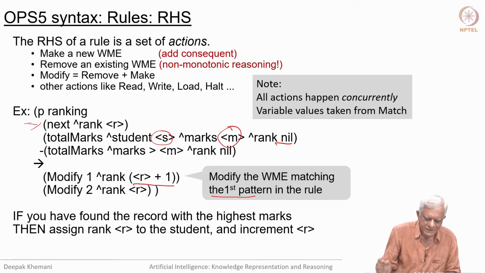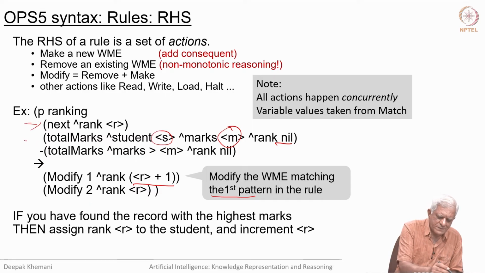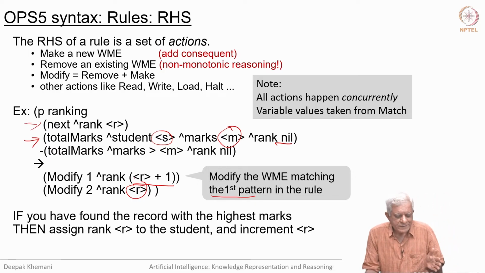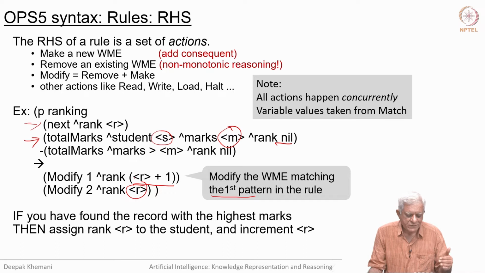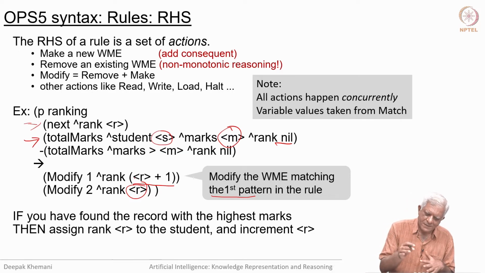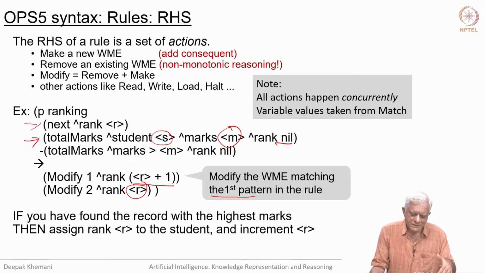So, we have already incremented that, and you modify 2, which means the student that we were talking about, and you give him the rank that we were about to assign. As you can see, the order of these two actions is not going to affect the result. Whatever was the rank that we were going to assign is going to be assigned to this student, and whatever is the rank for the next student is going to be R plus 1, but this student is not going to get R plus 1 even though this action comes after that. So, in that sense it is not an imperative language.